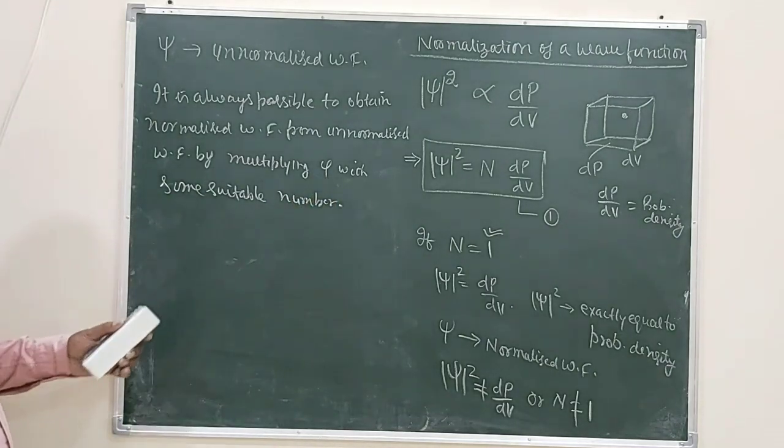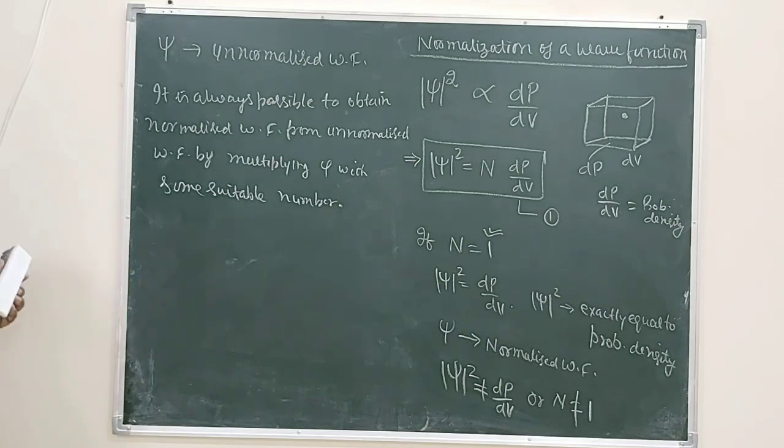So why is it so? Why have I written this statement that it is always possible to obtain a normalized wave function from an unnormalized wave function by multiplying with some suitable number?